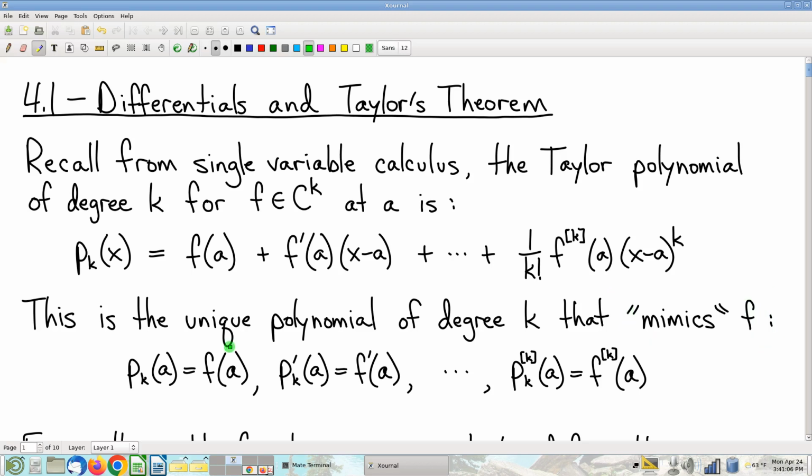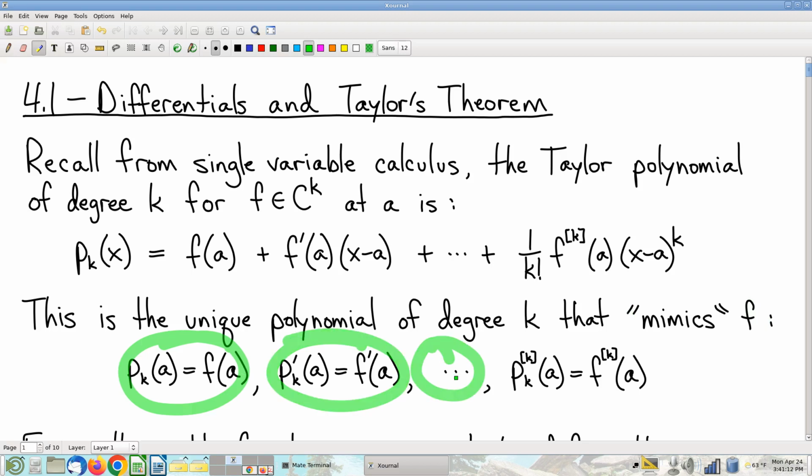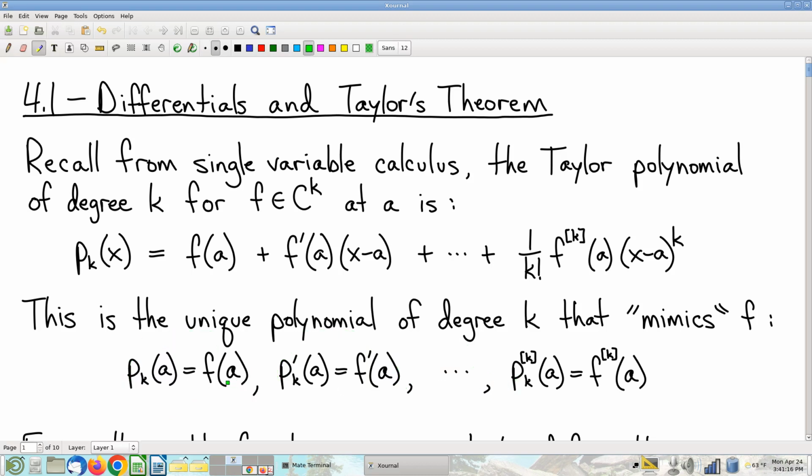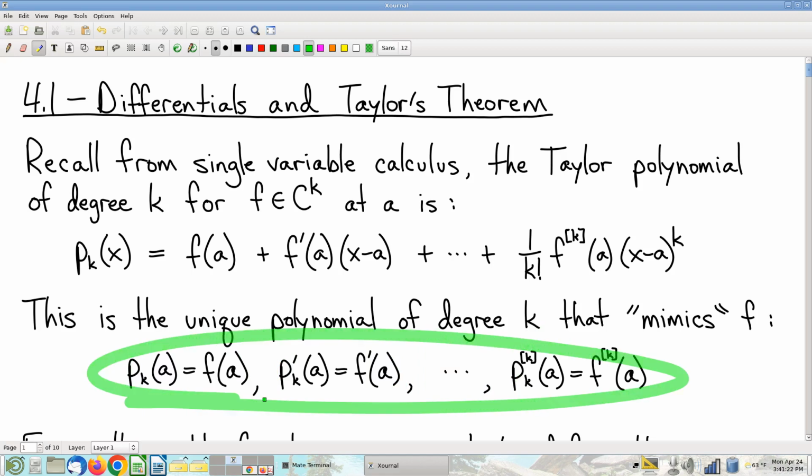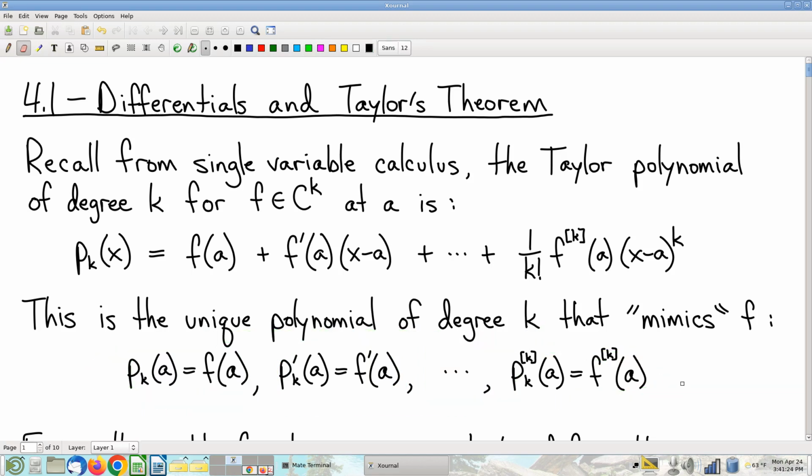Specifically, it's the polynomial that has the same value, the same derivative, the same second derivative, et cetera, all the way out to whatever the degree of that polynomial is. And by sharing as much in common with the function, that's how we say that it's mimicking the function.